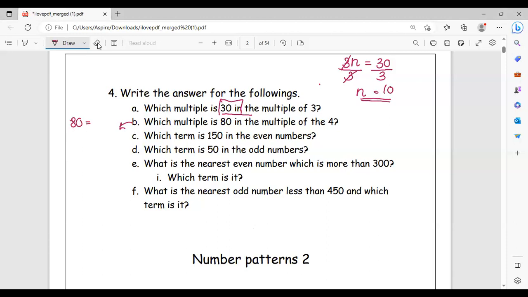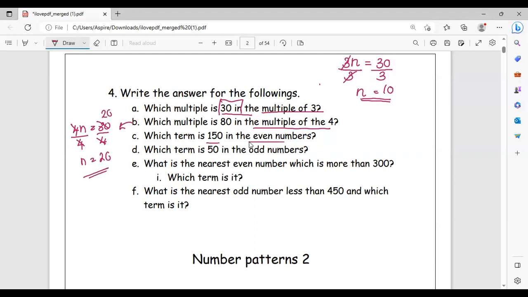Or you can write 4n is equal to 80. Then divide both sides by 4, because we use 4n for multiples of 4. 80 divided by 4 is 20. n equals 20.